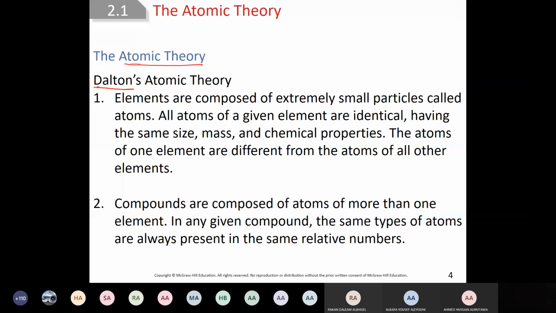That everything consists of extremely small particles called atoms, and that compounds contain atoms of more than one element.